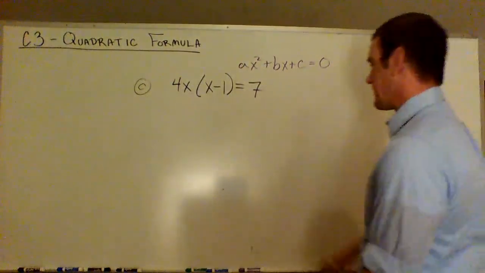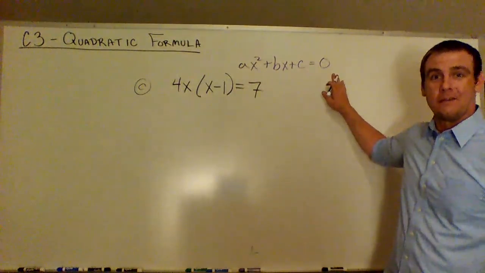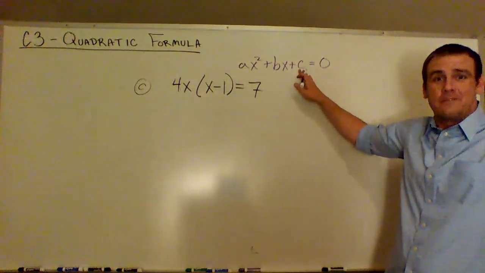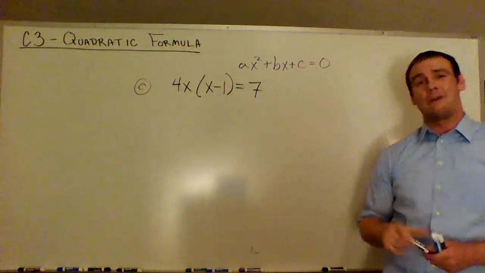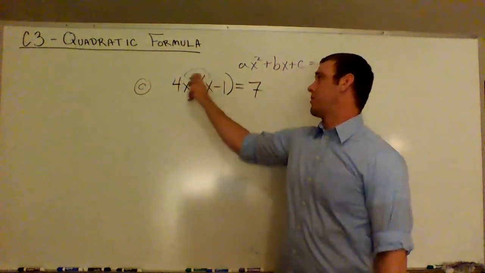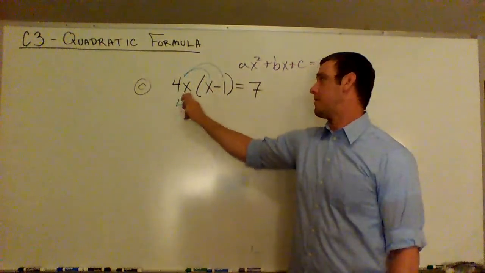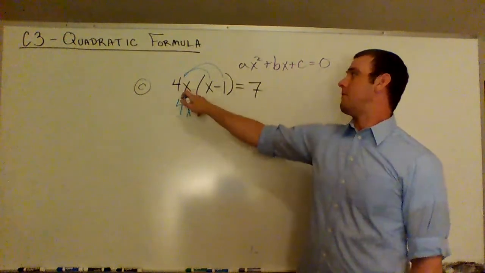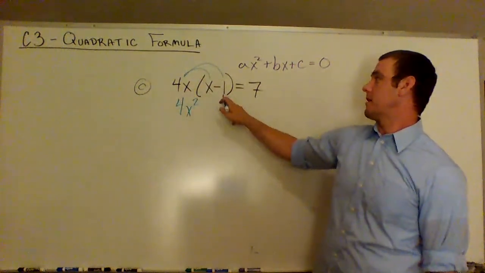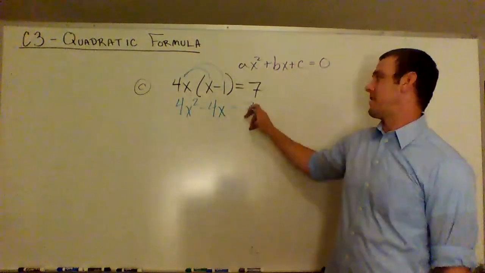All right, so it has to be in this form. If it's not, you can't use the quadratic formula. Okay, so how might we get this in the form? Well, I could start off by distributing. 4x times x is 4x squared. 4x times negative 1 is a negative 4x equals 7.